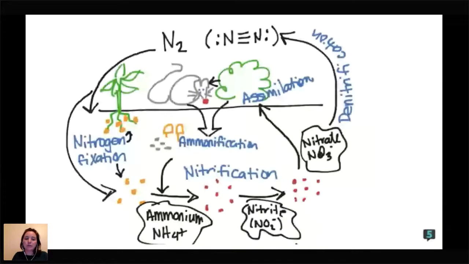And then it goes through the food web into our herbivores and on through the food web. And then eventually everything dies, as is the circle of life. And then the bacteria and the fungi in the soil help that plant tissue go through ammonification, and then it enters the cycle again. So it just kind of shortcuts that nitrogen fixation part. So you have like a cycle within a cycle here.